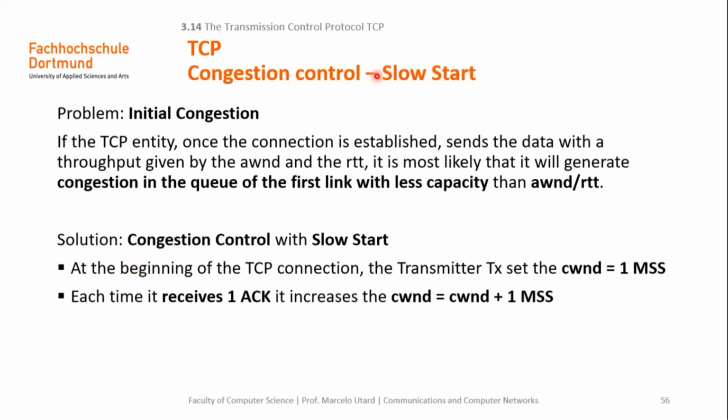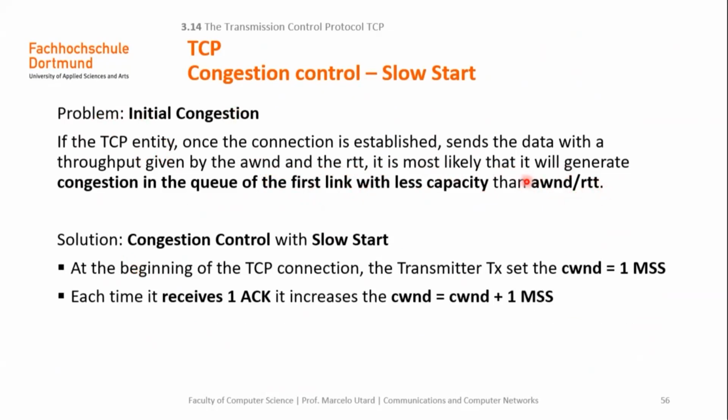Then, congestion control, the slow start algorithm. The problem is the initial congestion. If the TCP entity, once the connection is established, sends data with the throughput given by the advertised window and the round trip time, it is most likely that it will generate congestion in the queue of the first link with less capacity than this throughput.